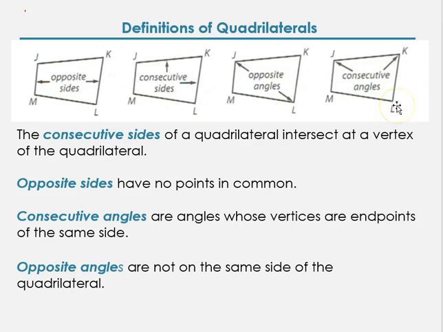K and L would be consecutive, L and M would be consecutive, and M and J would be. Opposite angles are angles that are not on the same side of the quadrilateral. This is similar to what we've seen in other figures. In this quadrilateral, J and L would be opposite, K and M would be opposite.